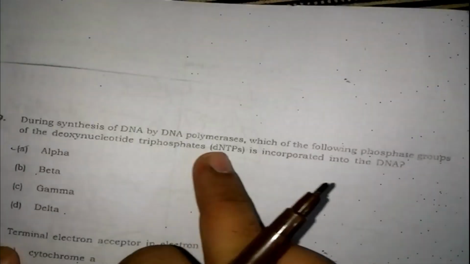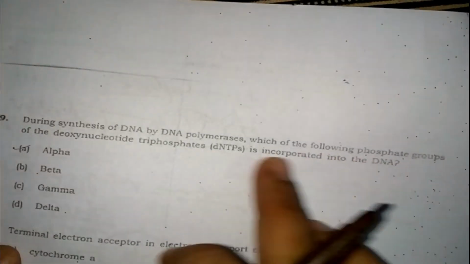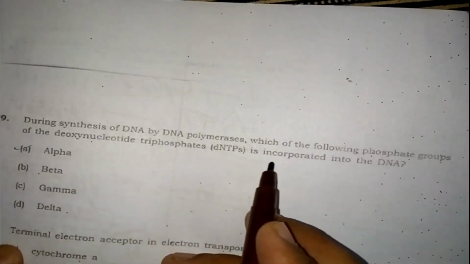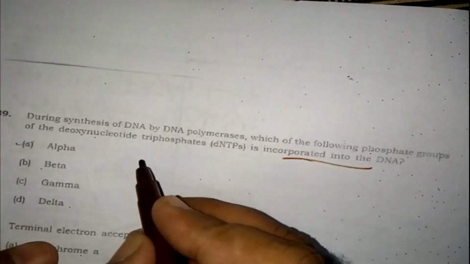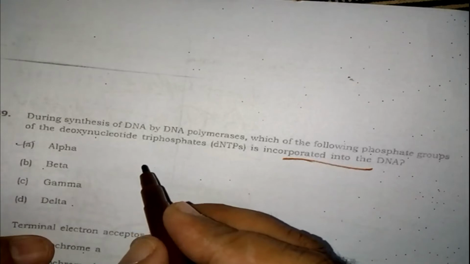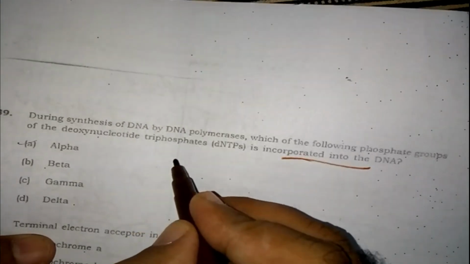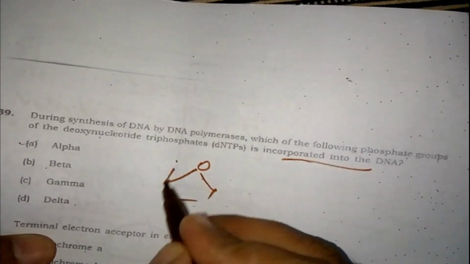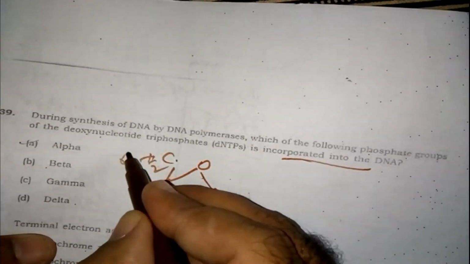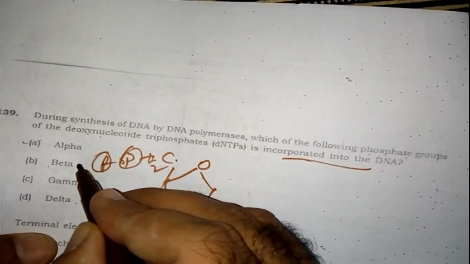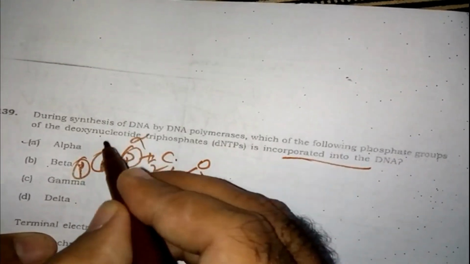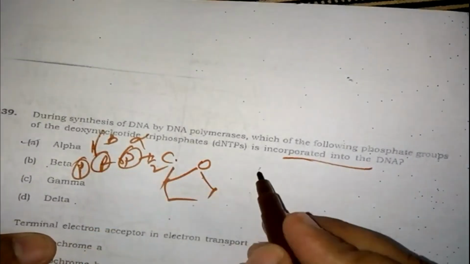During synthesis of DNA by DNA polymerase, which phosphate group of the deoxynucleotide triphosphate is incorporated into DNA? So we know that in NTP, this is the base, CH2, there are 3 phosphates: alpha, beta and gamma.